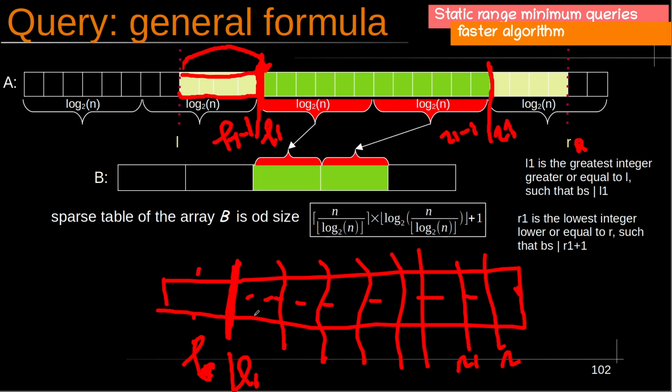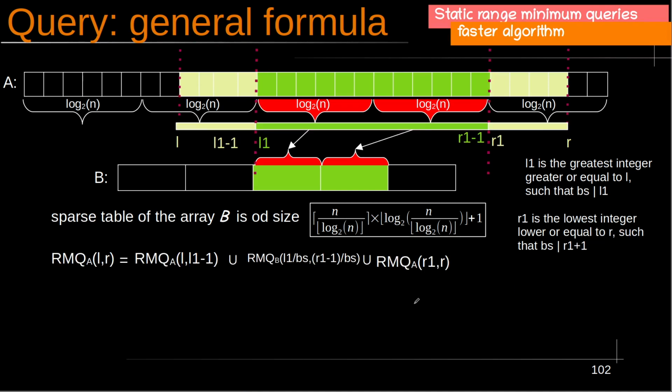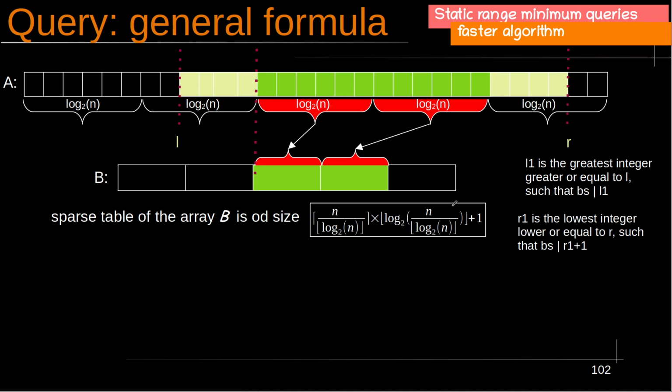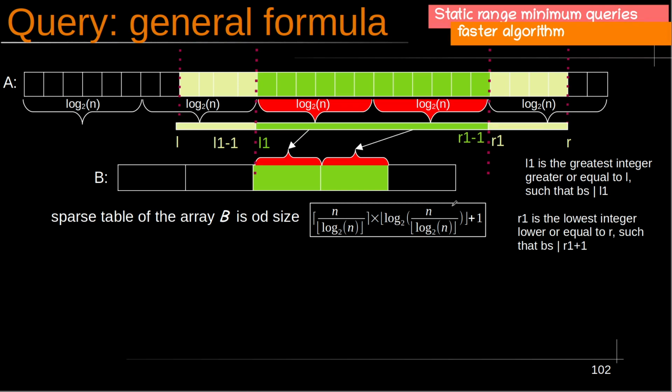We can compute on the array B the minimum of all these blocks, as you see in the picture here.